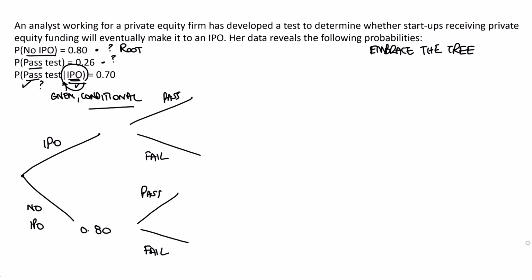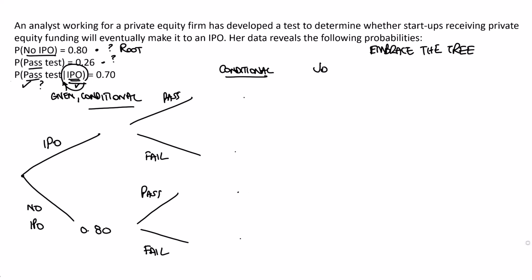We have 2 events, so we're going to have 4 outcomes. But it's important to understand we're going to have to fill in here 2 types of probabilities. The first column we're going to fill in is a set of conditional probabilities. These 4 here will be conditional probabilities: the probability of passing given an IPO, failing given an IPO, and so on.